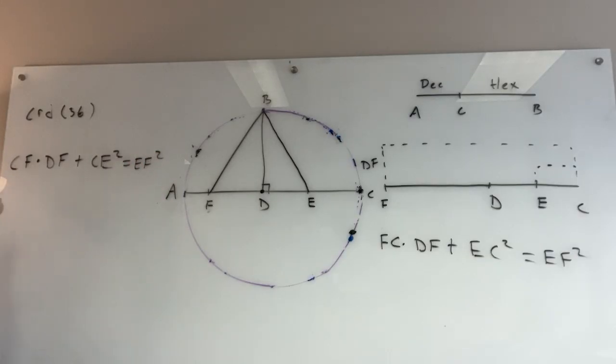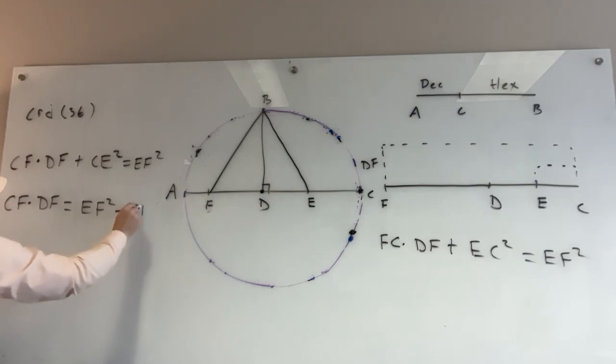So we can rearrange this and get that CF times DF is equal to EF squared minus CE squared.